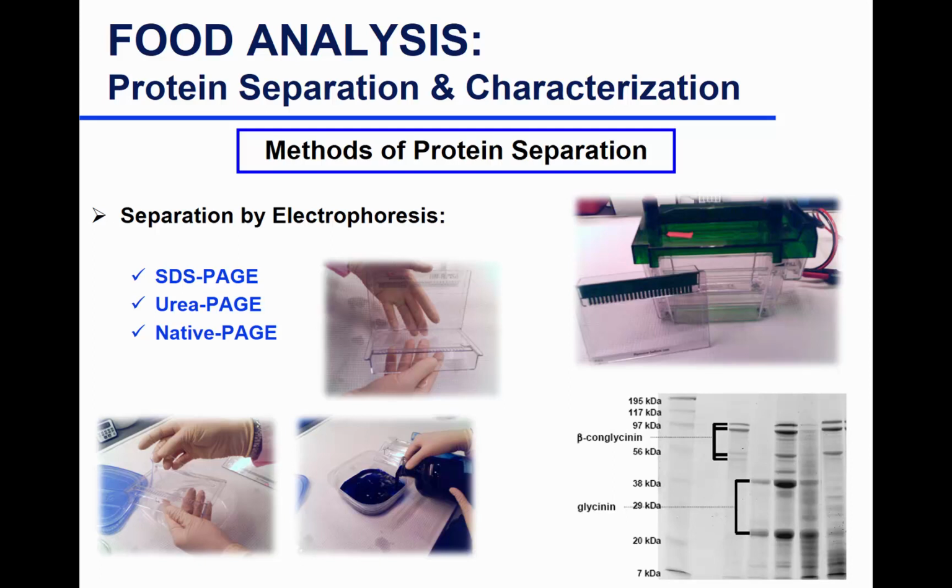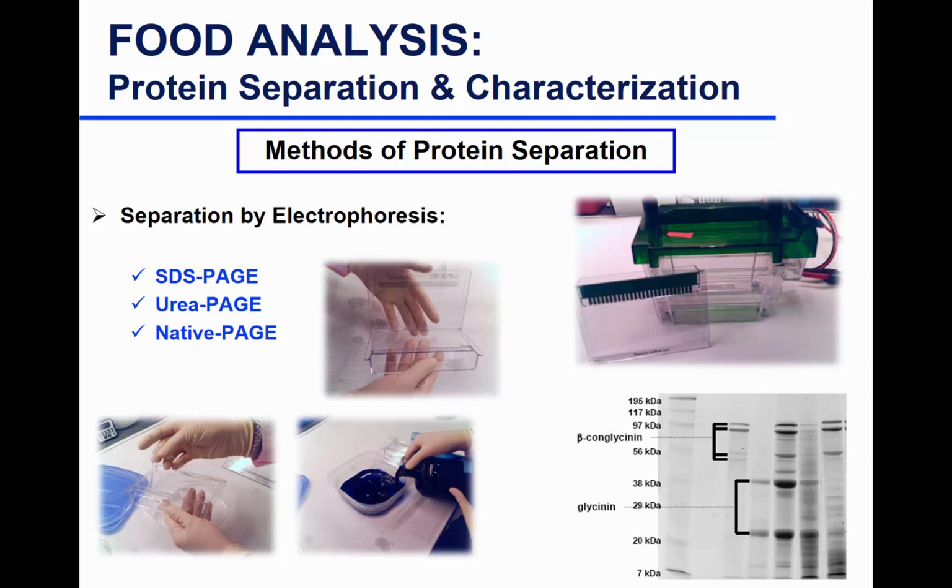So you just put it inside of the criterion cell, and you add a running buffer, a buffer that will allow current to go through. Once you have the buffer, you remove the comb, and then you have little wells that are separated by little pieces of gel.